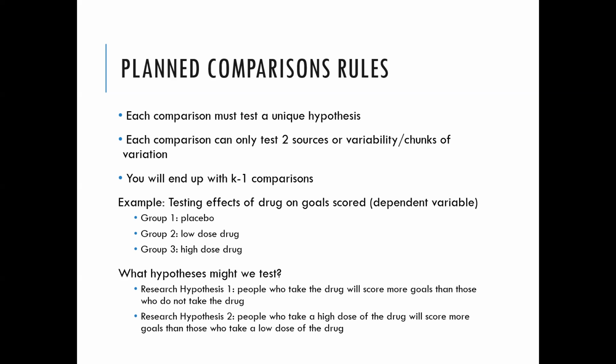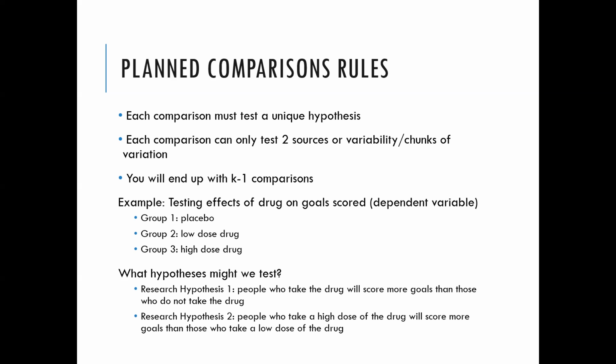So what hypotheses might we decide to test before we actually conduct our experiment? We might say for research hypothesis 1, that people who take the drug will score more goals than those who do not take the drug. So here we're comparing our placebo versus groups 2 and 3, so people who take the drug, whether they're low dose or high dose.